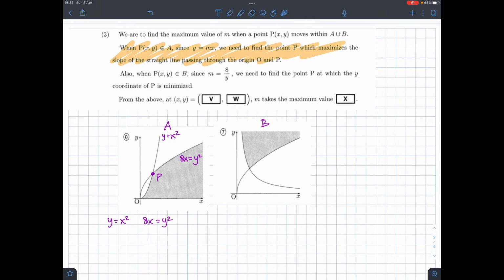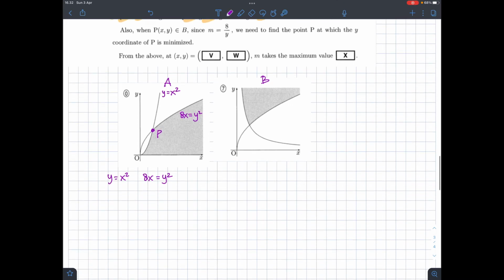Let's say you just substitute y into x squared, so 8x equals x squared squared, so 8x equals x to the power of 4. Here you factorize, so you got x1 equals 0 and x cubed equals 8, so x2 equals 2.